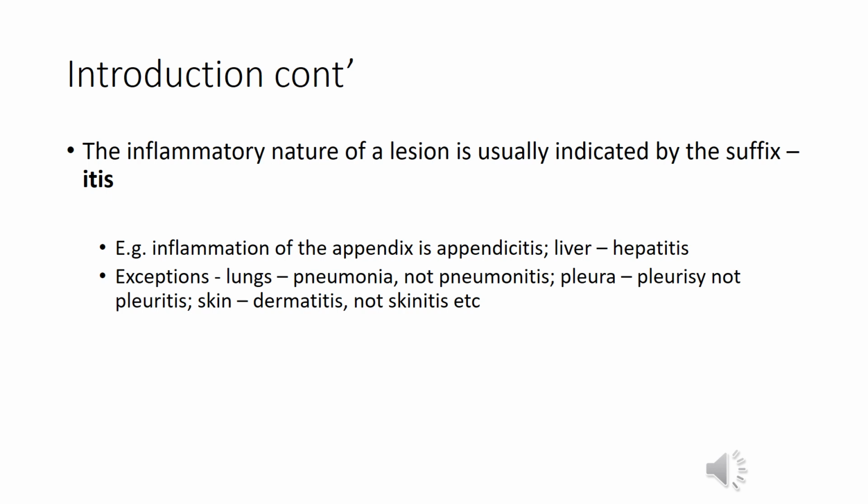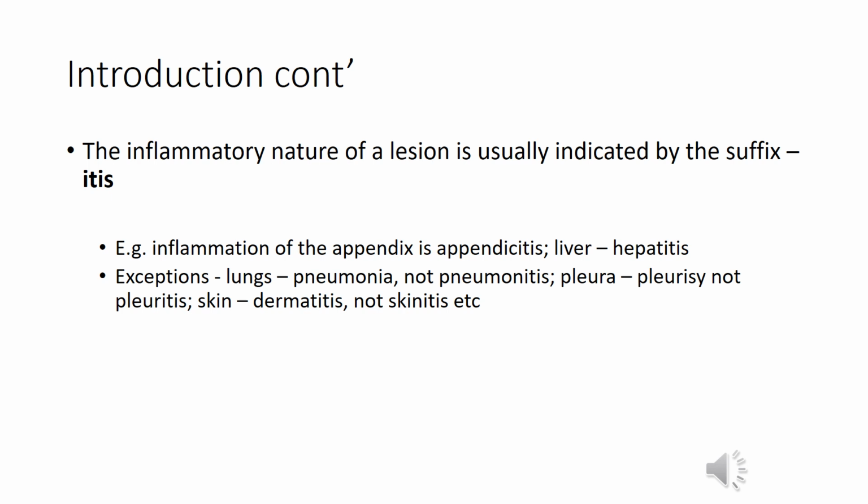Now, there are a few exceptions. For example, the lung. Inflammation of the lung, rather than being referred to as pneumonitis, because the cells of the lungs are called pneumocytes, or rather than saying lungitis, we say pneumonia. That is just one of the few exceptions.